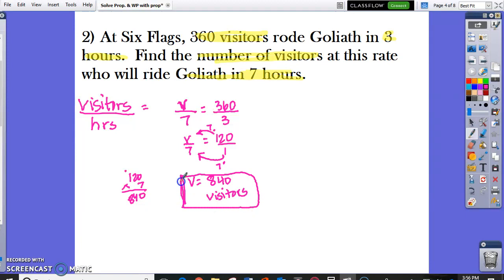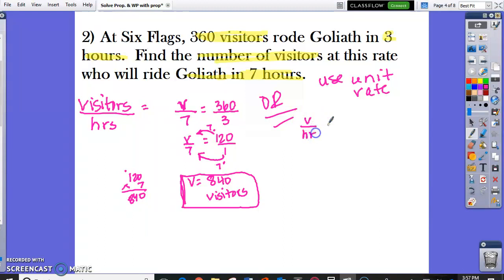I'm going to show you another since we just finished writing equations with a constant of proportionality, because here we could find a unit rate. Because remember, the unit rate is also your constant of proportionality. So if we have 360 visitors in 3 hours, then we could find the number of visitors per hour, which is your unit rate.